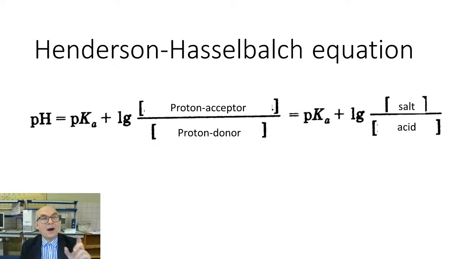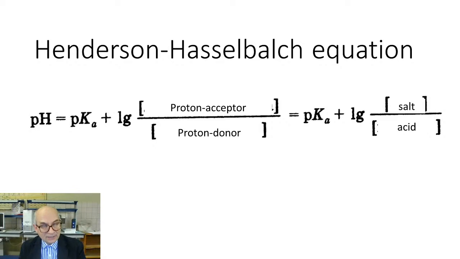This value can be found in literature, in a textbook, in a database. For example, for acetic acid, pKa is 4.76. This is the negative of the logarithm of the ionization constant for acetic acid.